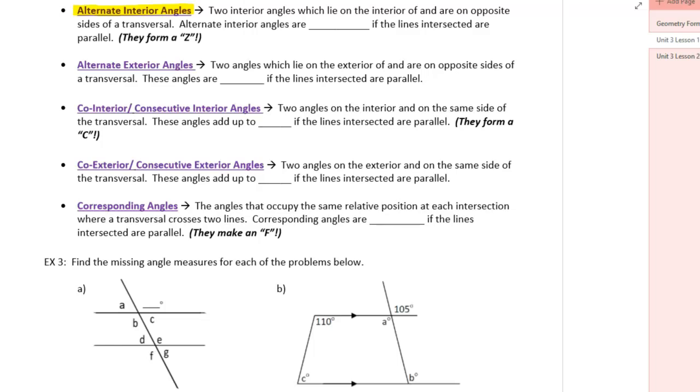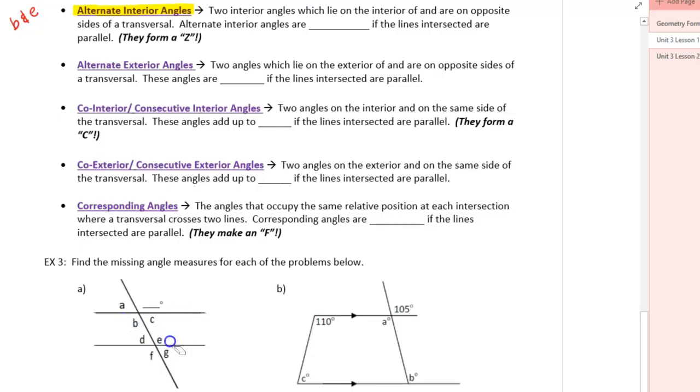So two interior angles which lie on opposite sides of a transversal. So for instance, angle B and angle E are alternate interior angles. They're inside the parallel lines, but on opposite sides of the transversal. So B and E are alternate interior.